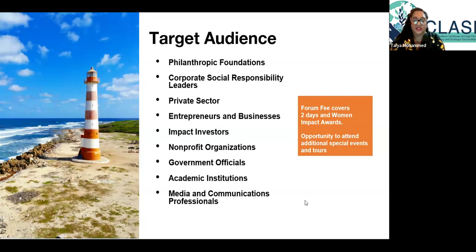We need more media presence at the event, and by that I mean we have the media in Jamaica mobilized, but it would be great to have a Caribbean media presence there. And of course, entrepreneurs, the business sector is very important, the private sector, governments, and of course, those doing corporate social responsibility type of funding and financing.